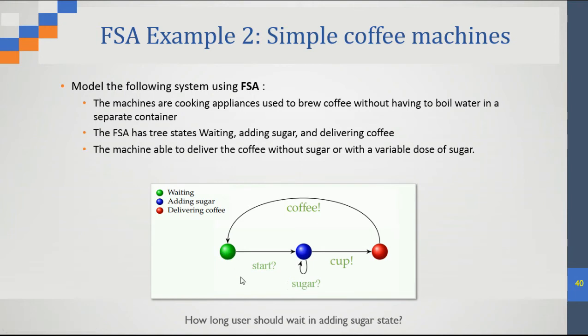Once we get the first input, start, we will move from the waiting state to adding sugar. Here we can add sugar, and then we can deliver the coffee, deliver the cup, and then go back to the waiting state.